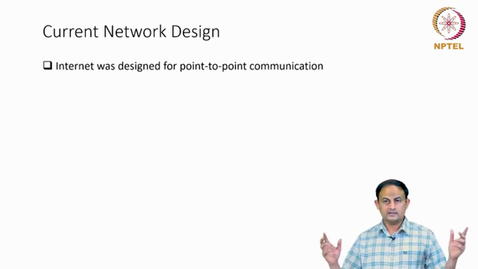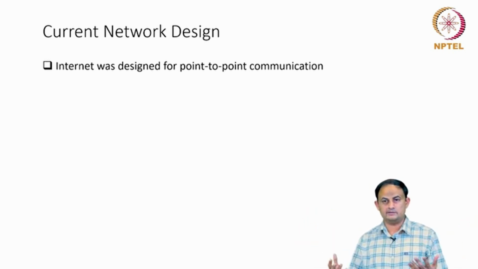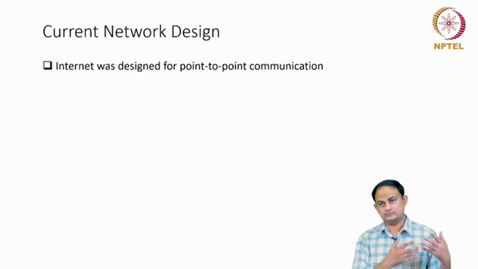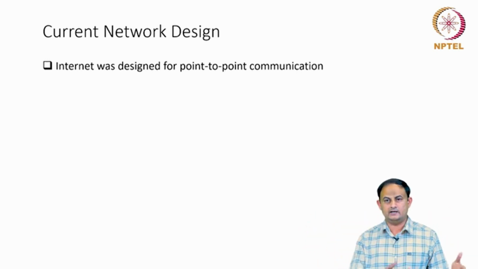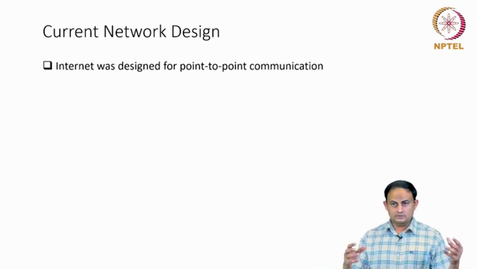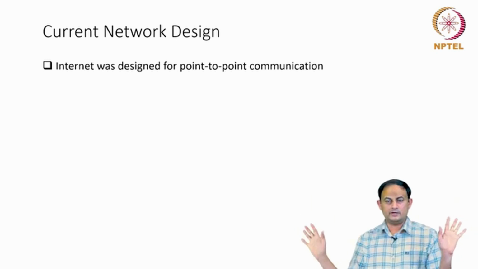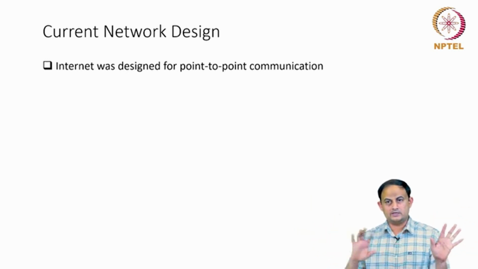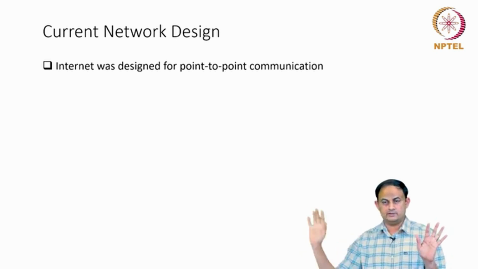Meaning, if X and Y want to engage in a conversation and transfer some data, be it voice data, packet data or file data, it doesn't matter what the data is. You know who the two endpoints are that are engaged in the communication. If X sends the data, the network knows how to deliver it to Y.